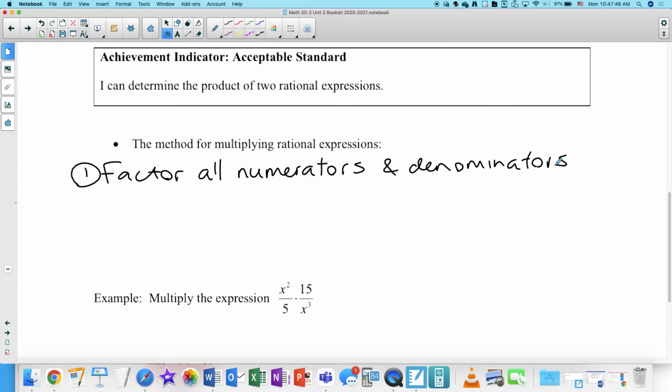There's an extra little step in there. Right. We have to think about non-permissible values. So once everything is factored, we're going to state the non-permissible values. Once we do that, then we can cancel common factors.